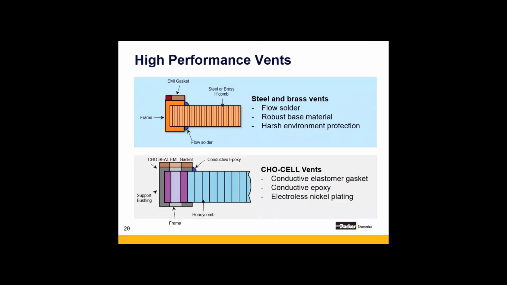Okay, so there are several advantages in the higher end performance vents of using steel or brass honeycomb. The more obvious reason is the strength and durability. The rigid construction prevents damage from minor bumps of the honeycomb. Honeycomb is very fragile, so it can be damaged pretty easily. Potentially eliminating the need for an added support like a kick guard or a frame brace.